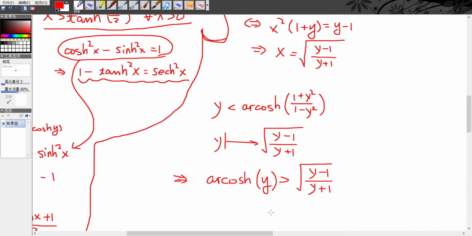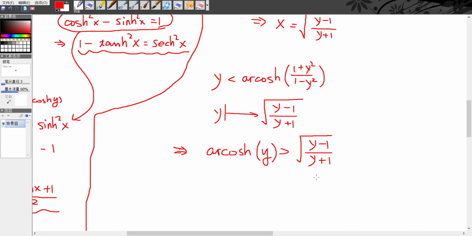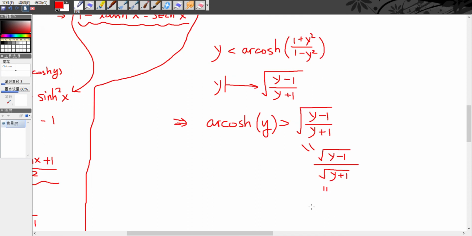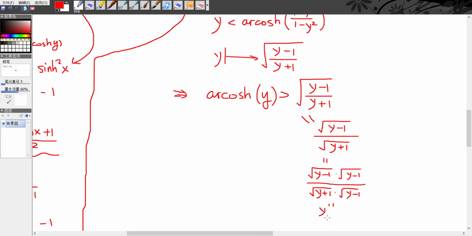So here we just do a little trick. This term is equal to the square root of (y minus 1) over the square root of (y plus 1), which is the same as the square root of (y minus 1) times the square root of (y minus 1) over the square root of (y plus 1) times the square root of (y minus 1), which gives us (y minus 1) over the square root of (y squared minus 1).